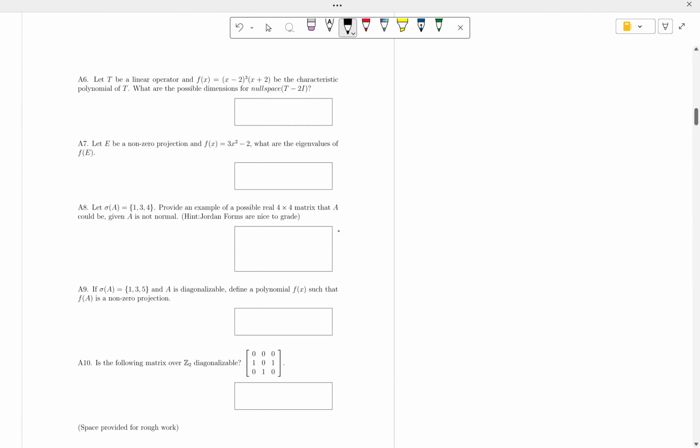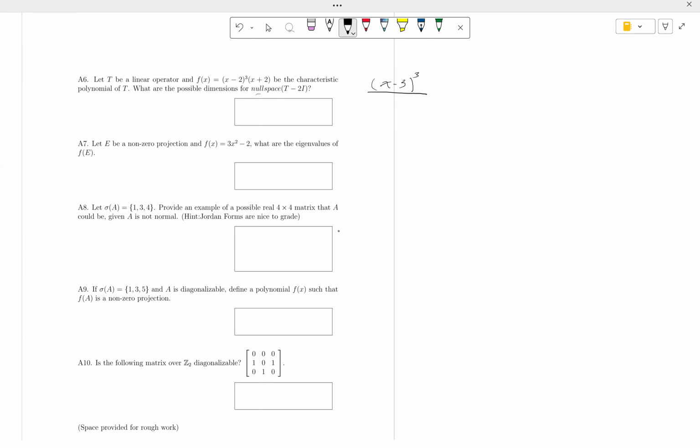Next, we have a linear operator and a characteristic polynomial. What are the dimensions of the null space? Here, the idea is that given the characteristic polynomial, the null space is the dimension of the eigenspaces. So if we look at (x minus 3) cubed, that is what I'm looking at. And the dimension of that subspace, when we do the primary decomposition, is going to be 3. And we know from Linear Algebra 1 that the dimension of the eigenspace is bounded at most by 3 and at least by 1.